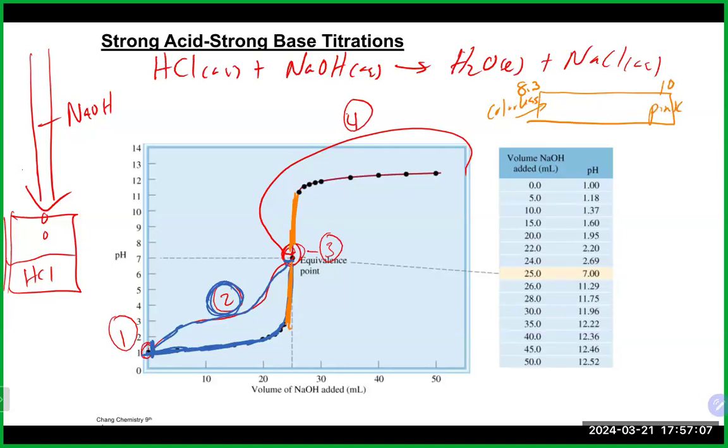So if you're titrating and you add one drop, as I go from here to here, is there a big difference in the volume? There's not. It's basically a straight line. But is there a big difference in the pH? There's a very big difference in the pH. So if you missed it by a drop, you could find yourself up here, right?